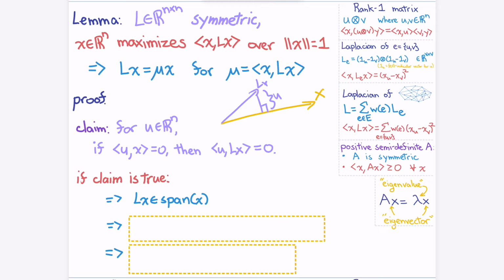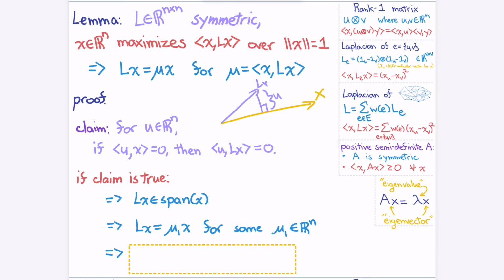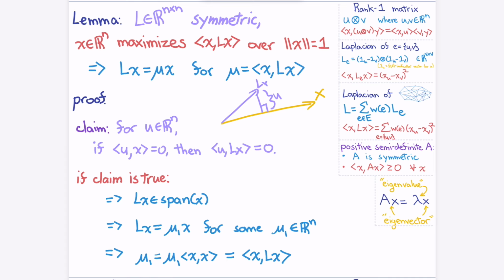So Lx is spanned by x, and that tells us that Lx is equal to some multiple times x. If you plug that in, you know that x is a unit direction, so mu times 1 is mu times x^T x, and mu x is equal to Lx, so that's x^T L x. After that, everything nicely matches. So if we can show that every vector orthogonal to x is orthogonal to Lx, then we're done.